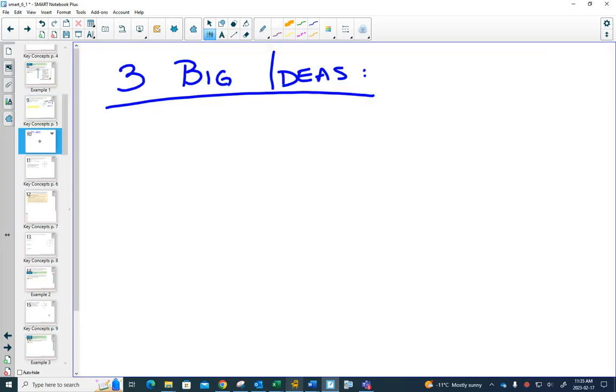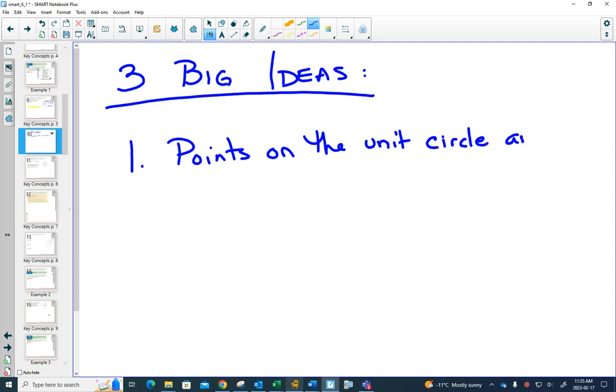To write it in words, big idea number 1: points on the unit circle are (cos of theta, sine of theta).